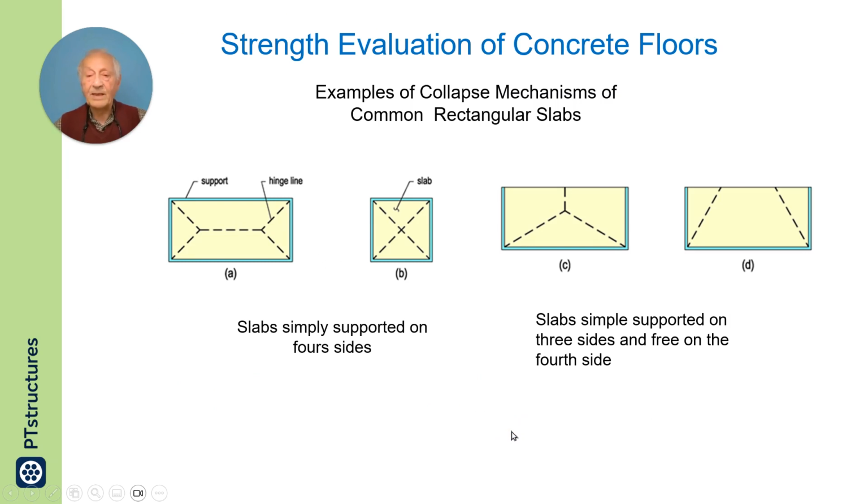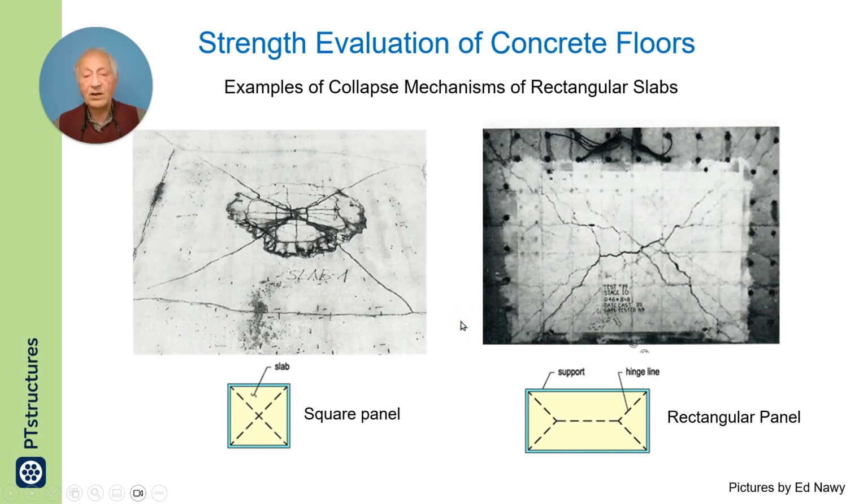What we saw in the previous slide was the case of a slab supported on two sides, but if you have other configurations, such as the examples shown here, obviously the hinge formation will be different. These are several examples of hinge formation for slabs supported in different configurations.